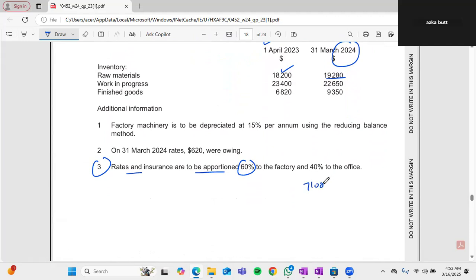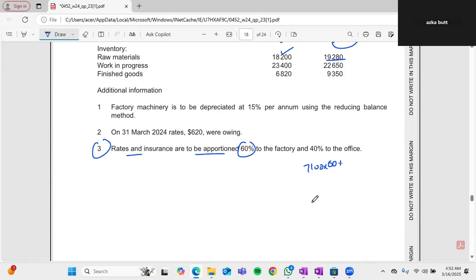We will first apply the 60% on 7,000. So you'll get the answer, which is 620.